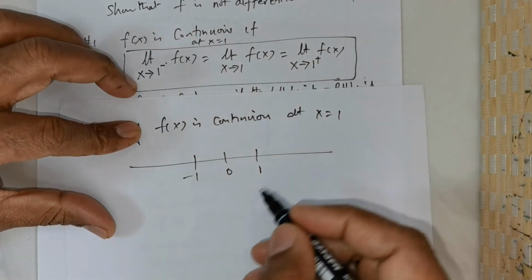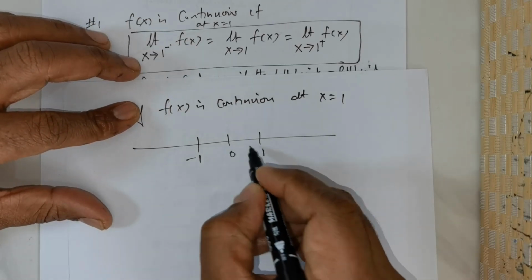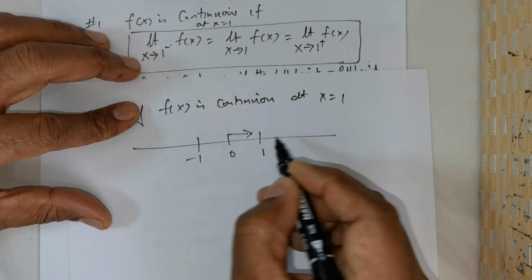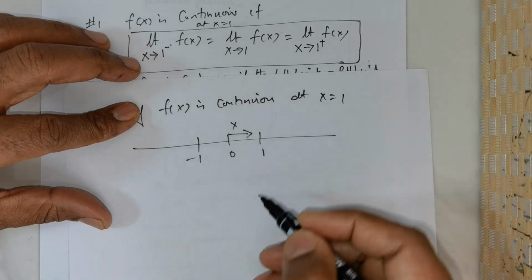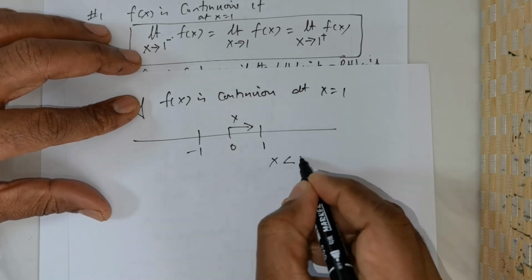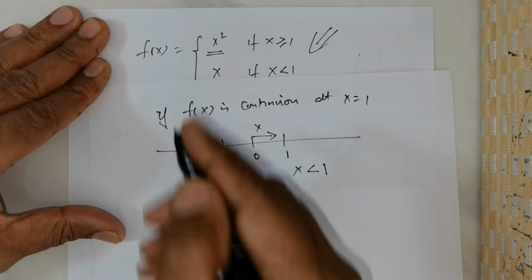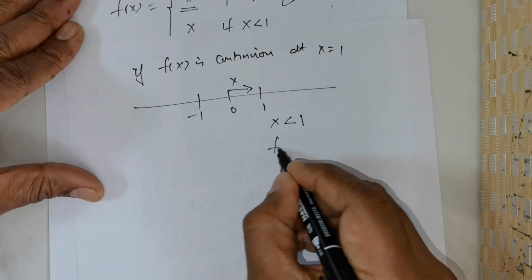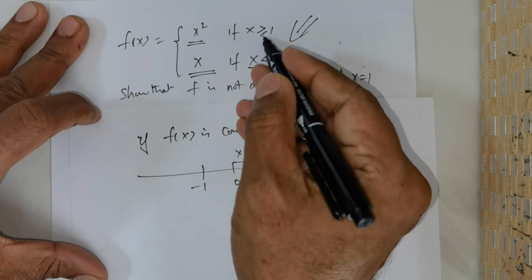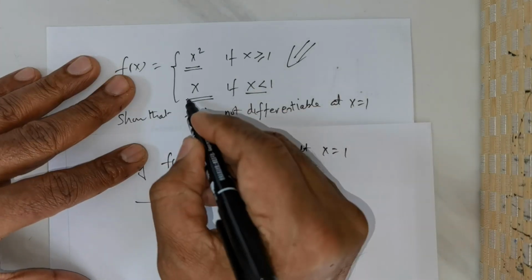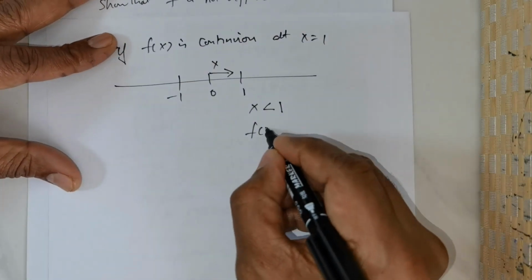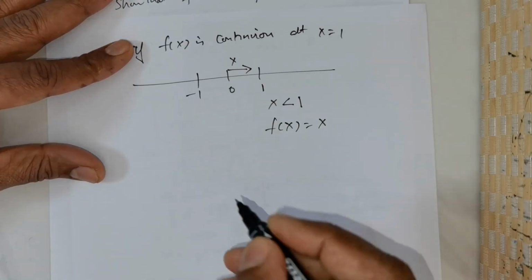Now x is approaching 1 from the left side. That means obviously x is going to be less than 1. Now go back to the function. f of x is equal to x squared for x greater than 1, and f of x is equal to x for x less than 1. So in this case the function value takes x.